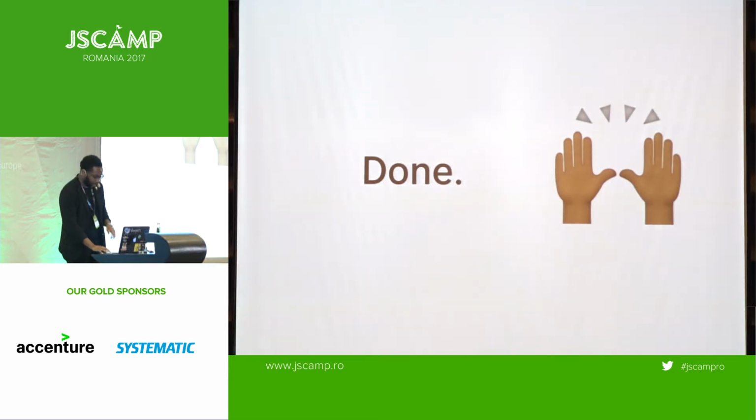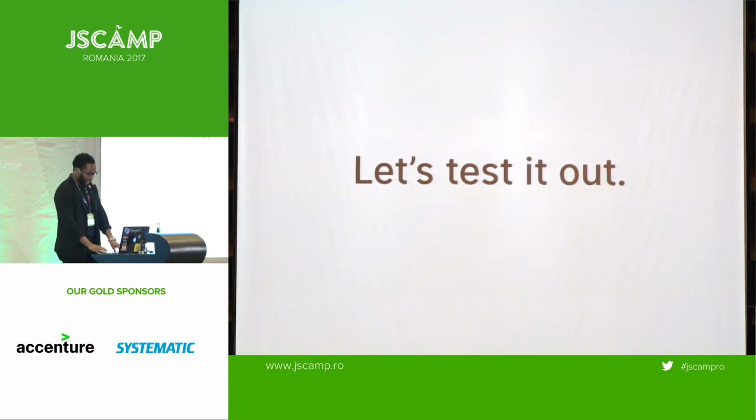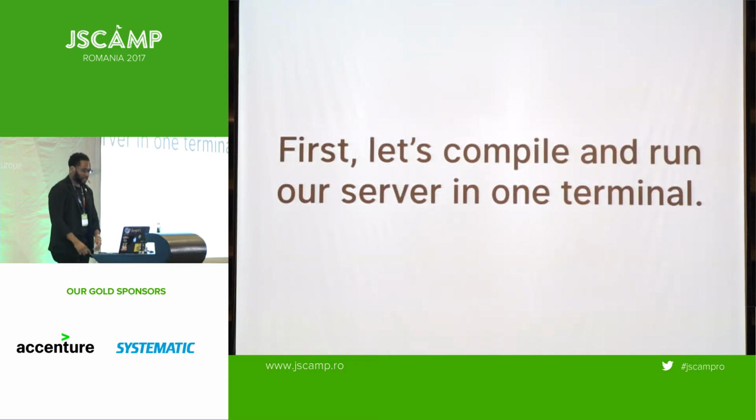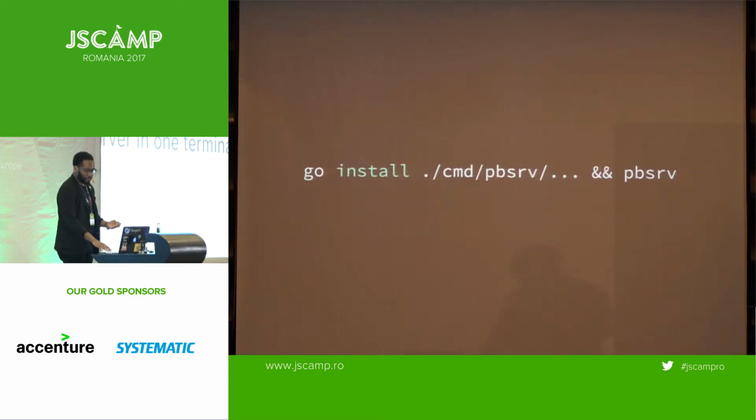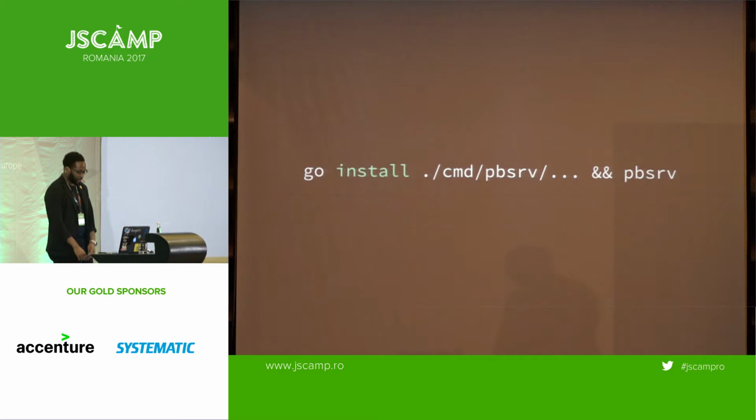So not bad. And now that we got that ball rolling, let's test it out. So first, what we're going to do is compile and run our Go server in one terminal. So pretty much go install the server and serve it up.